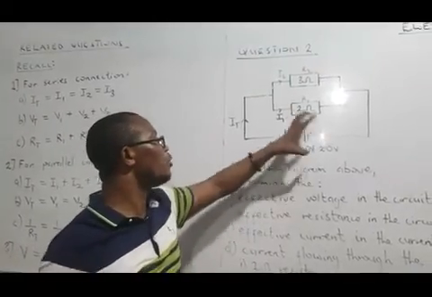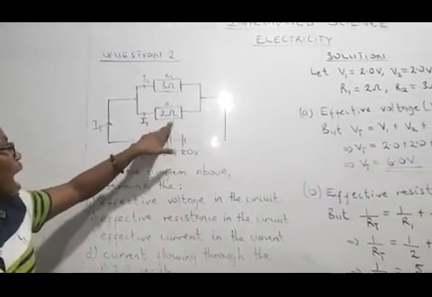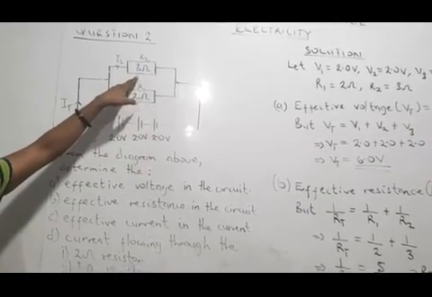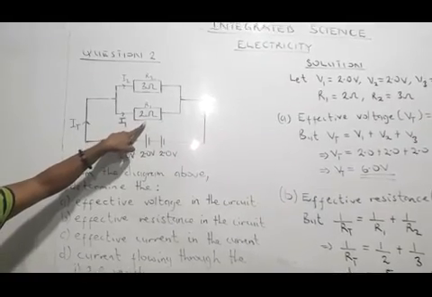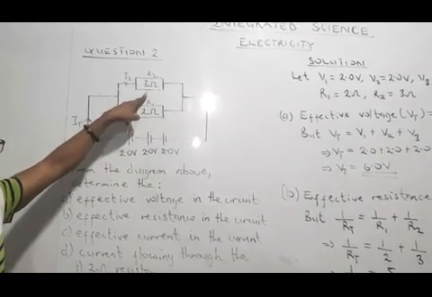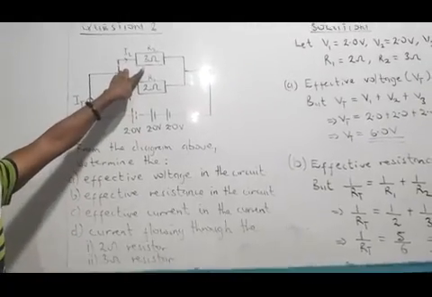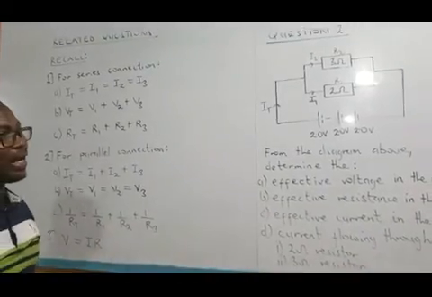So it means that the total voltage is equal to the voltage across R1, and is also equal to the voltage across R2. So the voltage here is 6 volts, and the one here is also 6 volts. Once you know that voltage, you can determine the current. Using Ohm's law, V is equal to IR, you make I the subject.